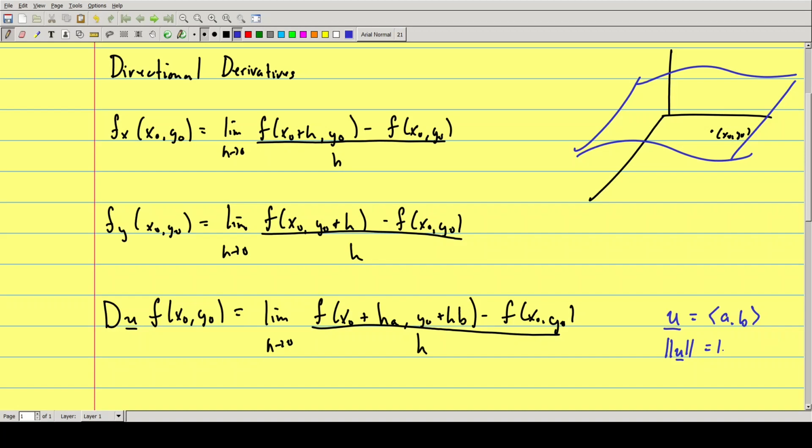So this is the definition of a directional derivative in any direction.